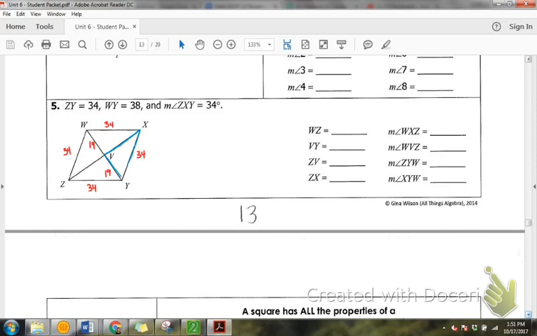Okay. A squared plus B squared equals C squared. Michelle, which one is going to be my C value? 34. Good, 34. And again, you get a decimal, which is okay.